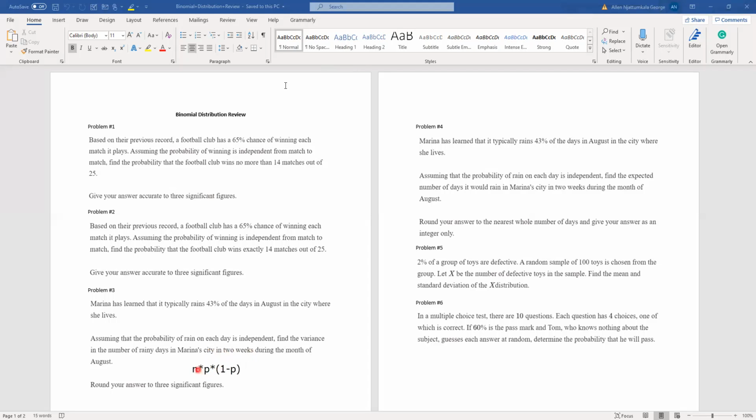So n would be 14, and then p would be 0.43 because the probability is 43%. And then, of course, it's just going to be p again, so 1 minus 0.43.